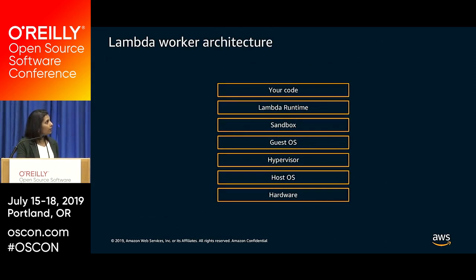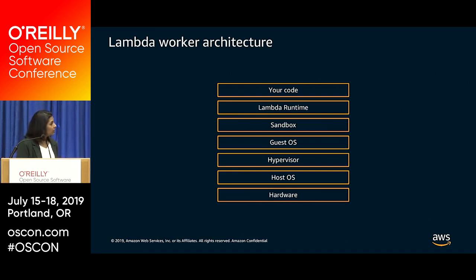So here's a closer look at the architecture. At the top, you have the customer's code, the zip file that is shared. Then we have the Lambda runtime. Lambda supports many different runtimes like Node.js, Python, Java, and C#. Underneath the runtime, we have the sandbox that provides a copy of the guest Linux that we run.